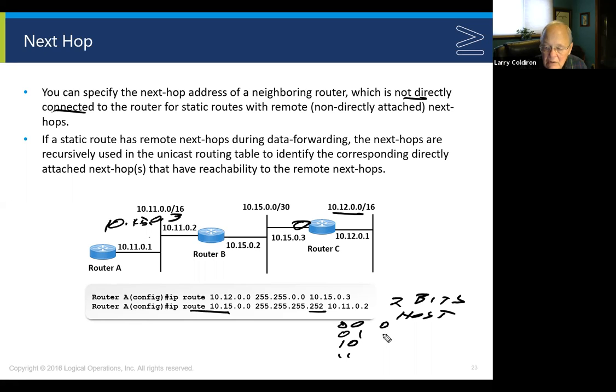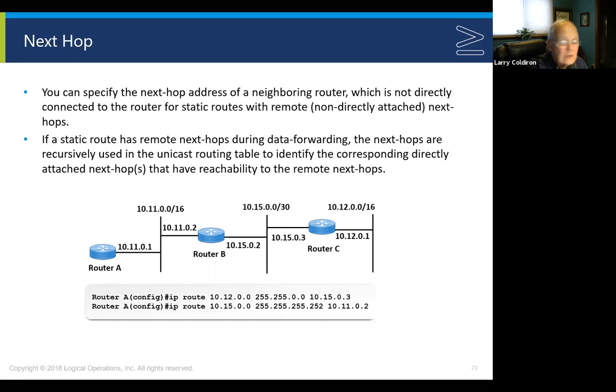So 0, 1, 2, and 3. Broadcast address 3, network address 0, usable addresses 1 and 2. Subnetting is efficient use, because instead of using a whole class C, or in this case a class A, which we really wouldn't do, we can break it down into much smaller segments and only use what we need.